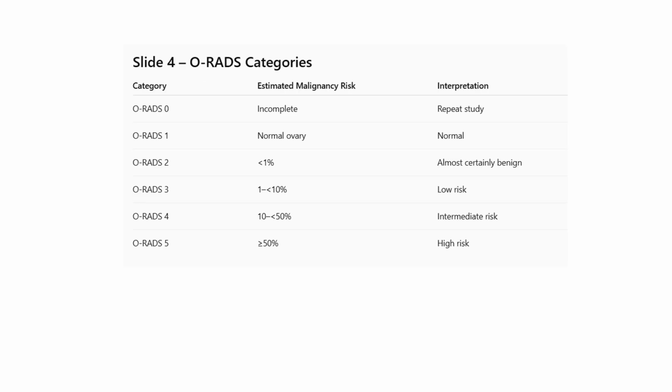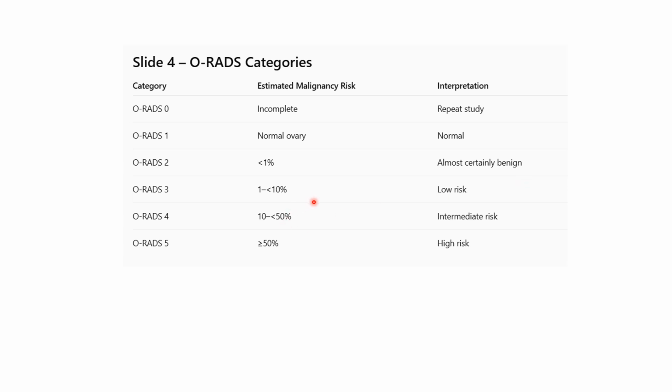So the O-RADS categories: the category, then the estimated malignancy risk, and then the interpretation. O-RADS 0 is incomplete, so the study needs to be repeated. O-RADS 1 is a normal ovary. O-RADS 2 is less than 1% malignancy risk, almost certainly benign.